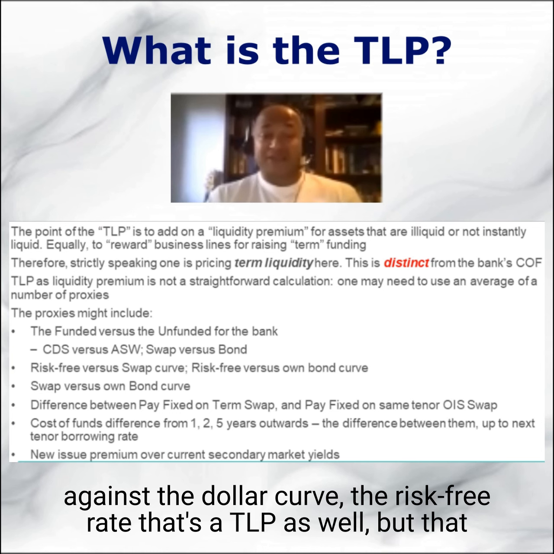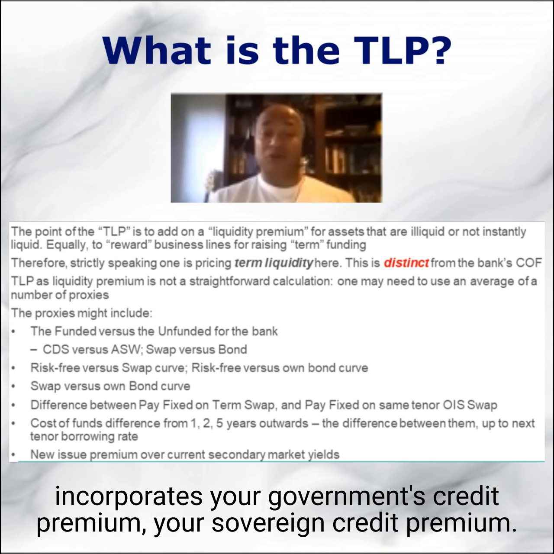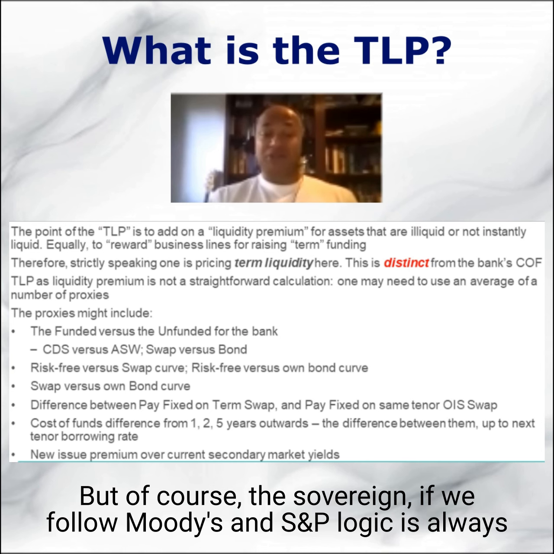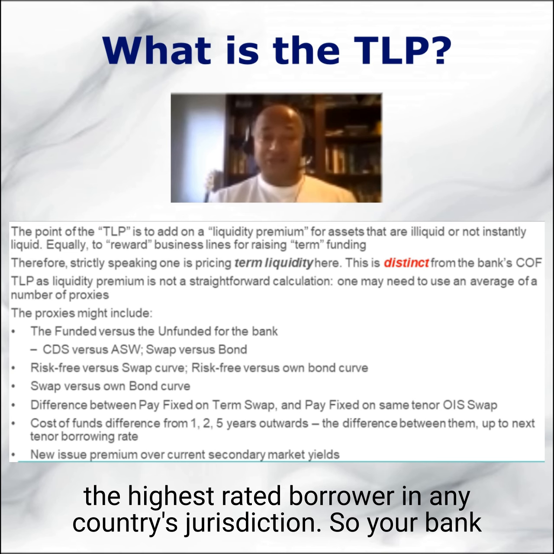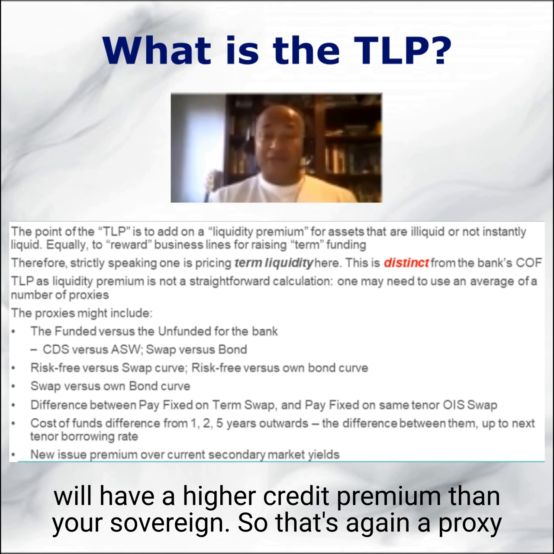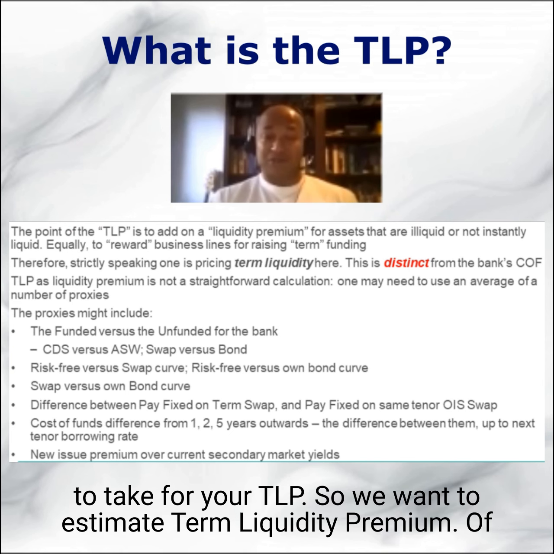That's a TLP as well, but that incorporates your government's credit premium, your sovereign credit premium. But of course, the sovereign, if we follow Moody's and S&P logic, is always the highest rated borrower in any country jurisdiction. So your bank will have a higher credit premium than your sovereign. So that's, again, a proxy to take for your TLP.